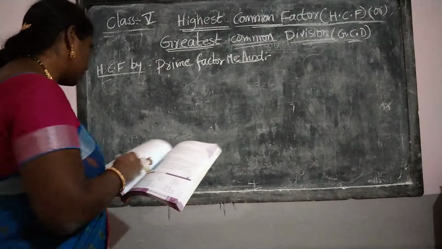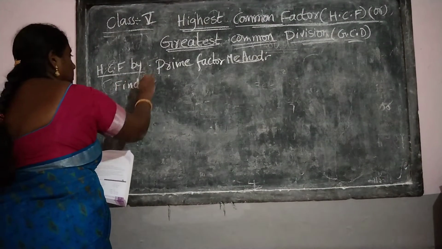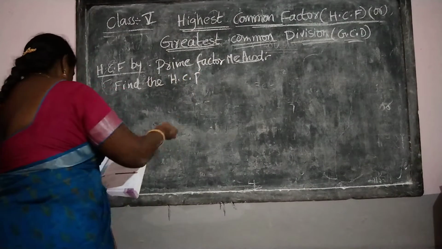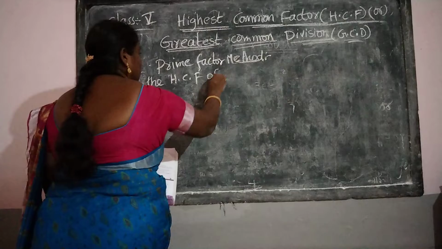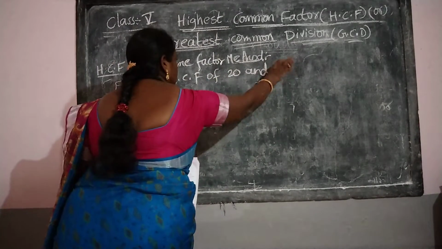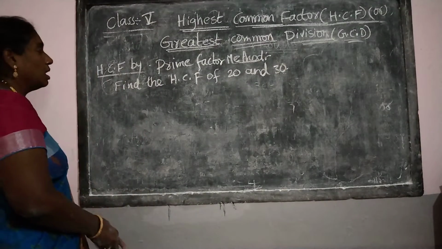Find the HCF of 20 and 30 using the prime factor method. See how to find the HCF by using the prime factor method.